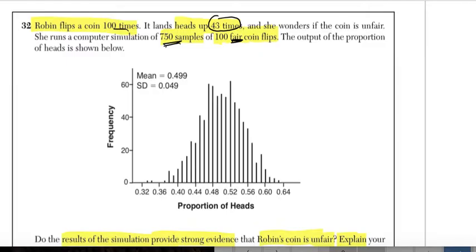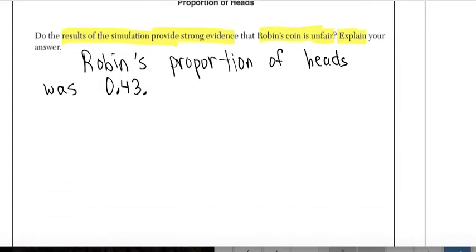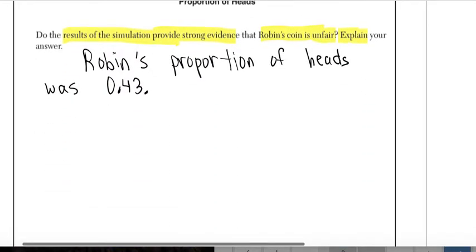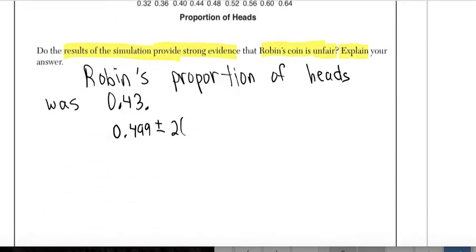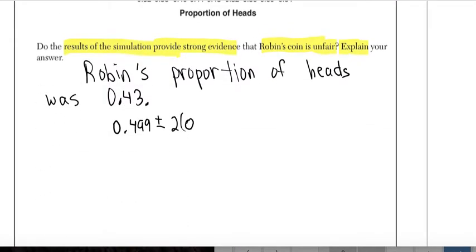But now I'm going to take this mean plus minus 2 standard deviations, right? So the mean plus minus 2 standard deviations. The mean was 0.499 plus minus 2 times 0.049. That's going to be the 95% range of results, right? So let's see what we get.